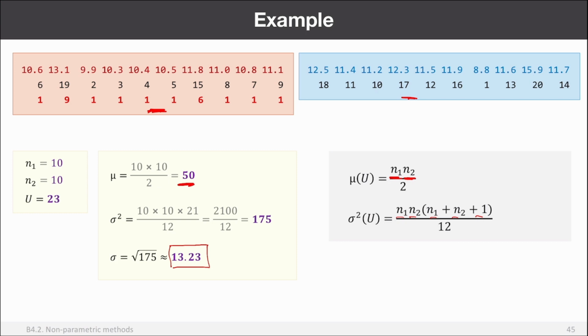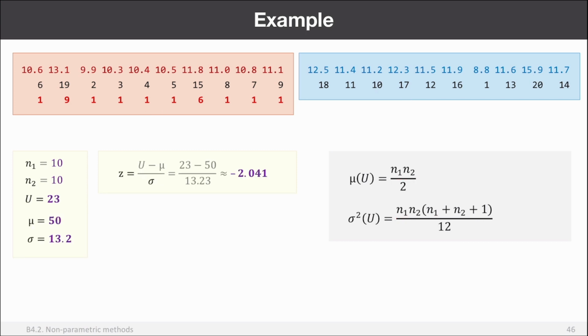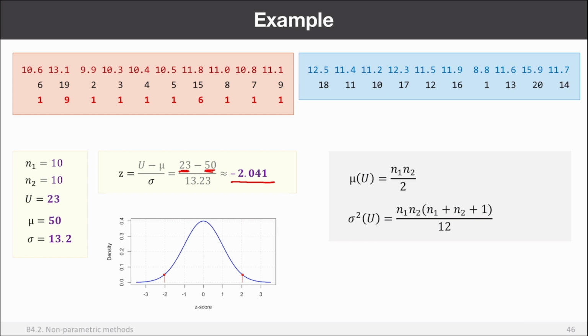Okay. So let's see how extreme our U score is for this particular situation. So in this case, again, we compute the Z score, and it tells us that the difference between the expected U value and the observed U value is approximately 2.04 standard errors. So it's beyond this plus minus 2, but very close to it, right? If you compute a p-value, in this case, it's a two-tailed case, because our null hypothesis is that distributions are equal, no shift between distributions.